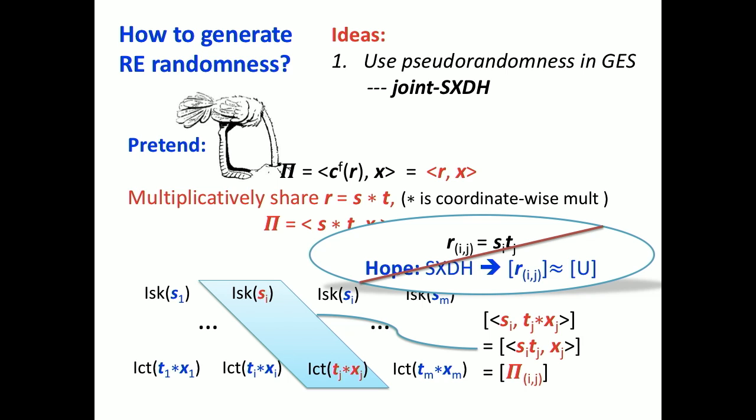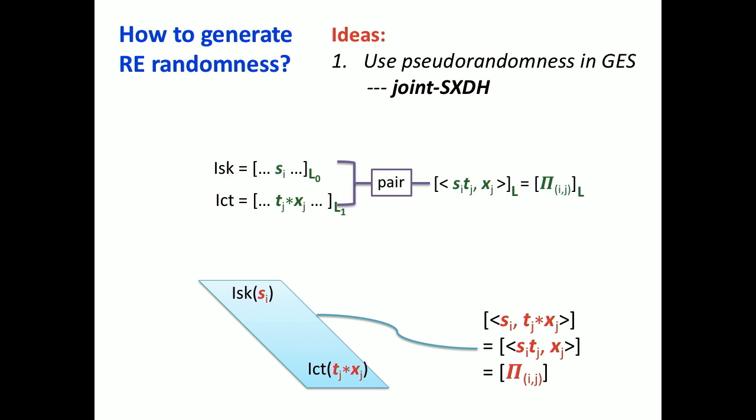It turns out that this hope does not really work. I know there are lots of terms. All right, why does it not work? Remember those secret key and ciphertext, what are they? As we said, they're encodings under some labels. In particular, they're encodings of randomized versions of the vectors we want to encode, which means they will encode Si under some label L0 and Tj under some label L1, and they are pairable.